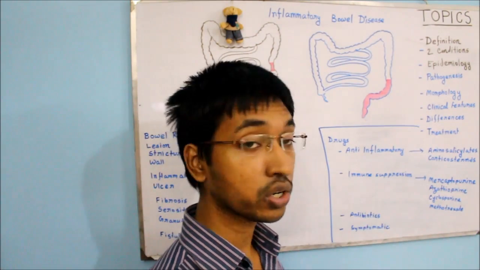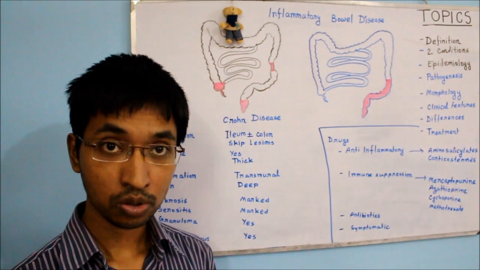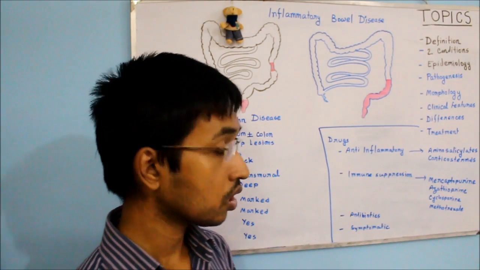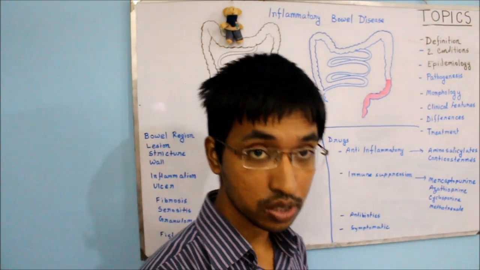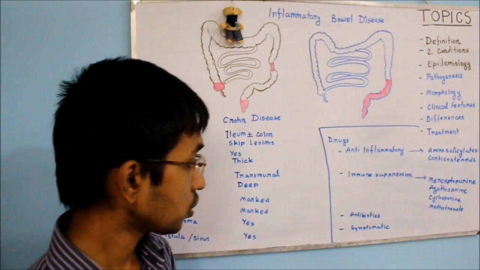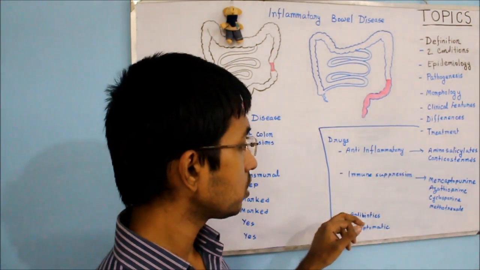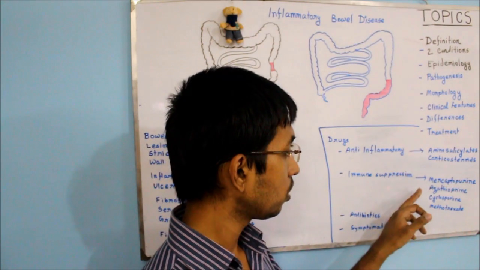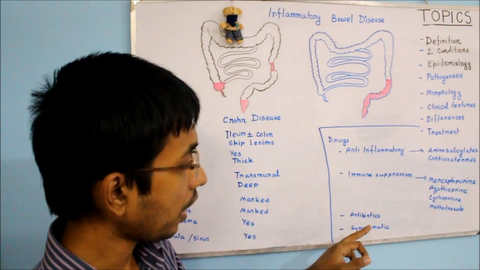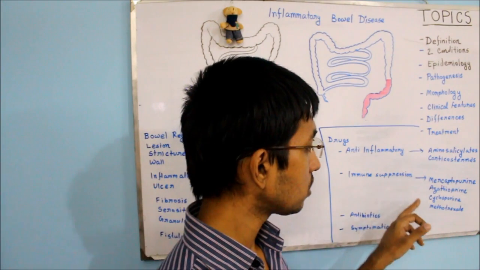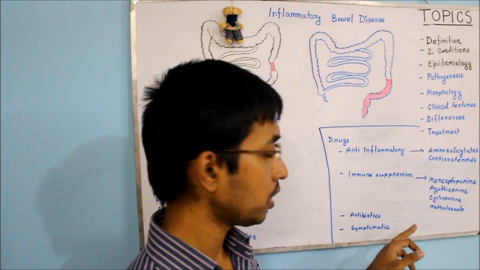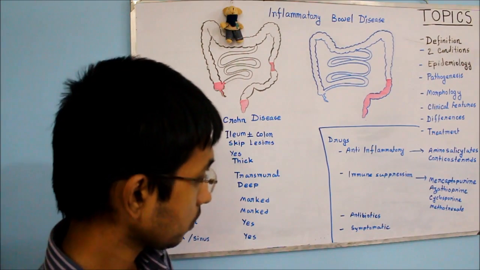However, instead of working directly on inflammation, these drugs work on the immune system and prevent inflammation. Examples of immune system suppressors will include mercaptopurine, azathioprine, cyclosporine, methotrexate, etc.